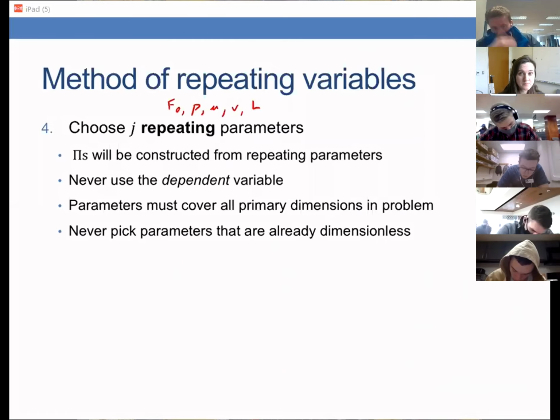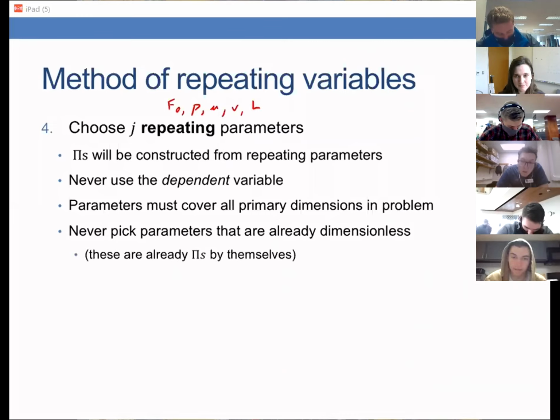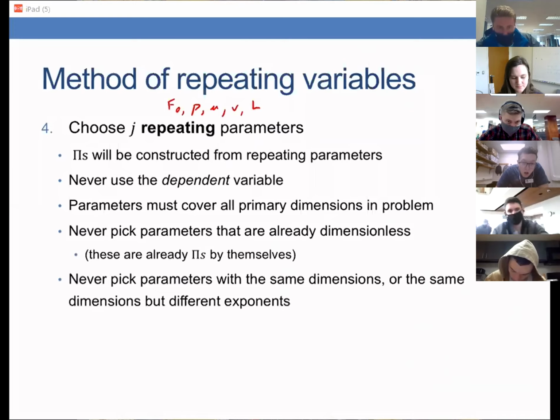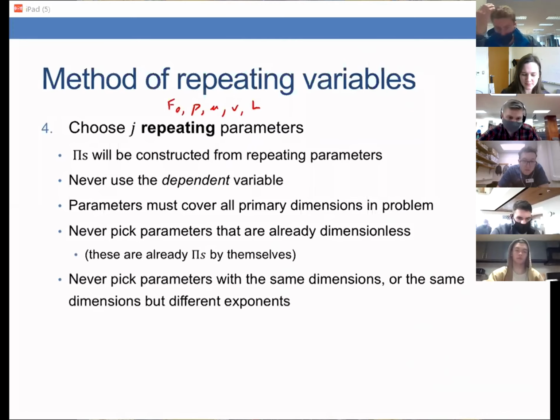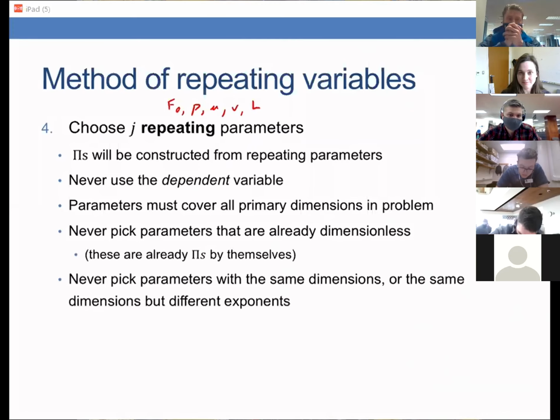You'd never pick that. Basically, that would be a pi. And if we had some problem where diameter and area were two of the things, then we wouldn't choose both of those, okay?